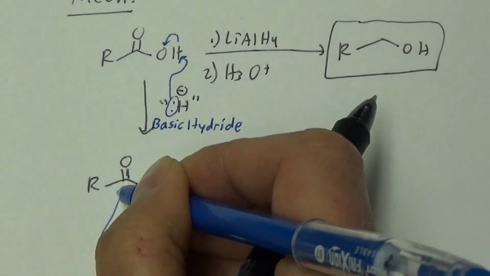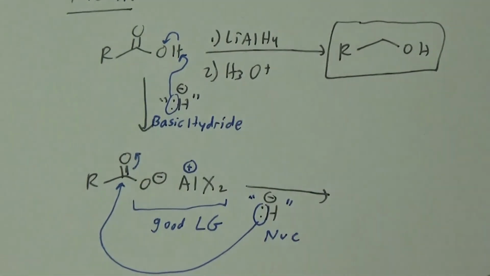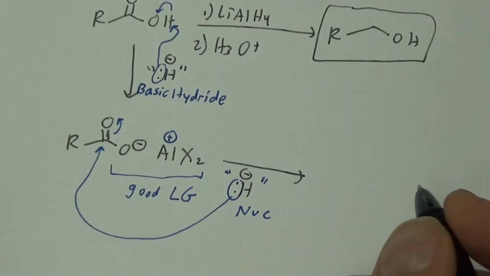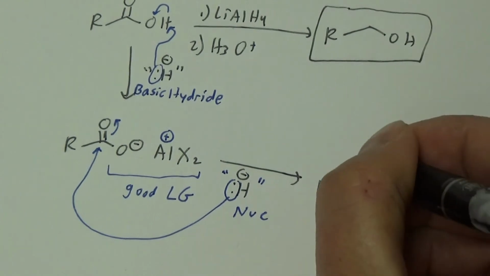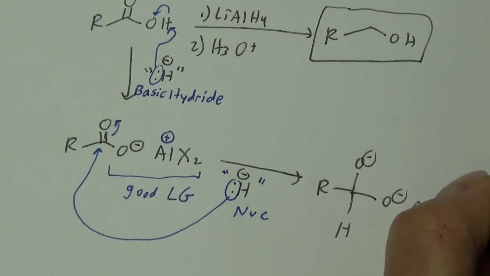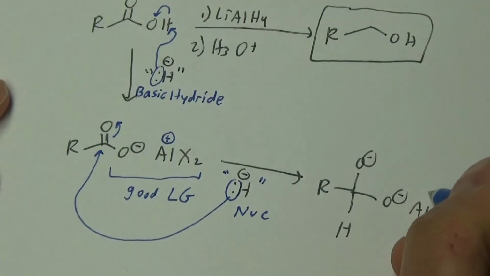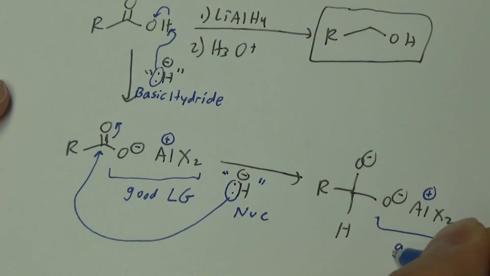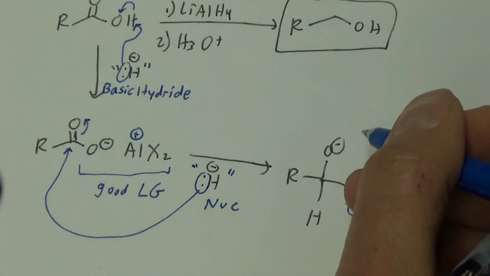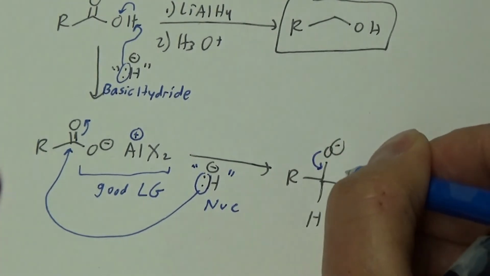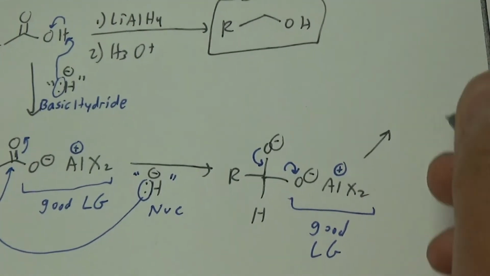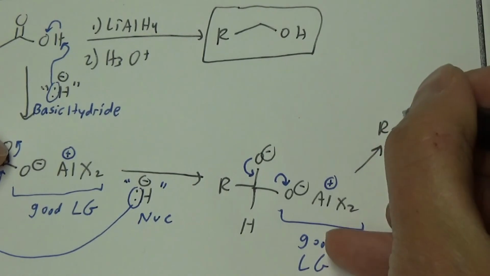It's going to attack, electrons go up, kind of like an NAS reaction with this stuff being a leaving group, kind of like a base-mediated NAS. Now we've got our O minus, AlX2 plus, a good leaving group. So now we kick off the good leaving group, and when that happens, you've got an aldehyde now.